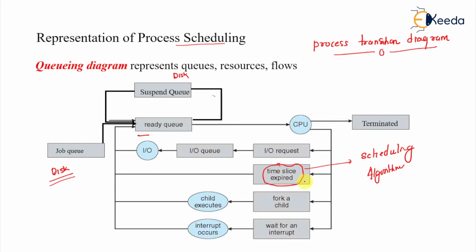Another reason can be forking a child, and it will execute the child. Another reason can be waiting for an interrupt to occur. Any of these can take a process out of the CPU. This is how a queuing diagram represents queues, resources and flows.